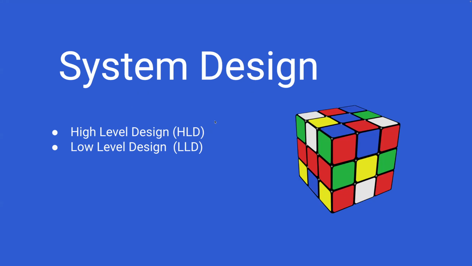Generally, the design rounds are of two types. One is the high level design, and the other one is the low level design round. And both vary from company to company. Let's say Amazon requires you to have some high level design, even if you are a fresher. Companies like Google expect you to have some knowledge of the high level design maybe after you're a senior, so L5 roles basically, if you are having more than 4 or 5 years of experience.